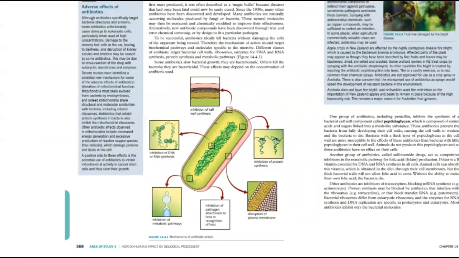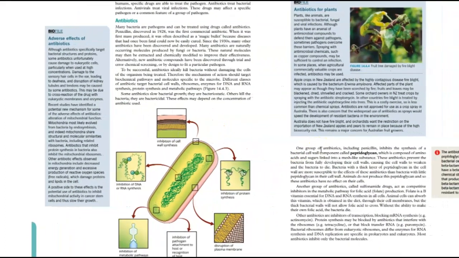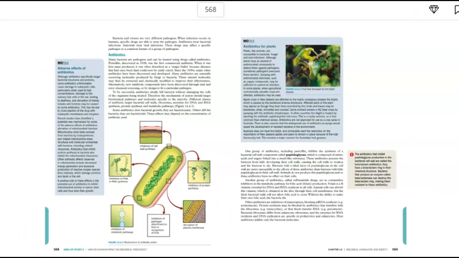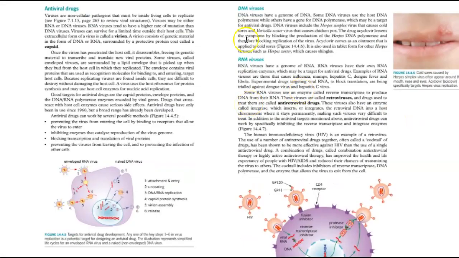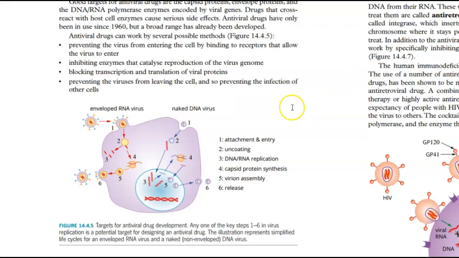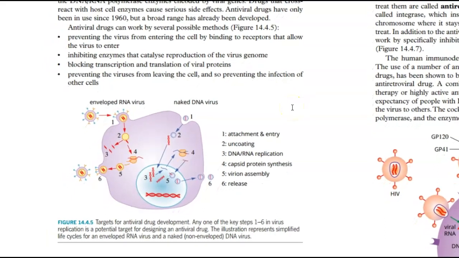So antibiotics, there's a little bit of reading to do around antibiotics and their effectiveness, and then followed by antiviral drugs, which work with the virus's action or activity in mind. So in order for a virus to infect a cell, it needs to gain entry to that cell.